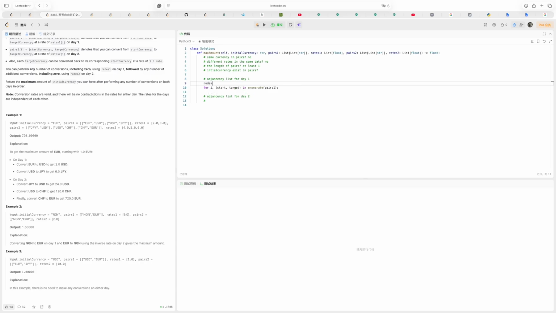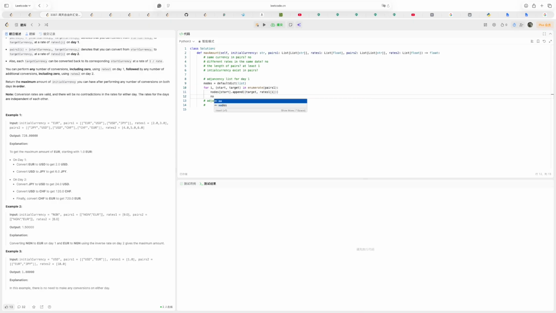We'll have nodes. It will be a defaultdict, and the default value will be an empty list. So I'll have nodes start and append a tuple. So we'll have append target and its rate, so rates 1 at index i.